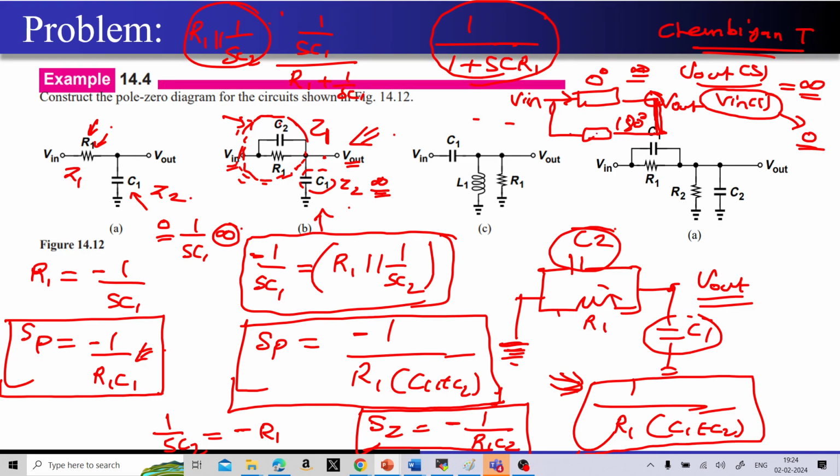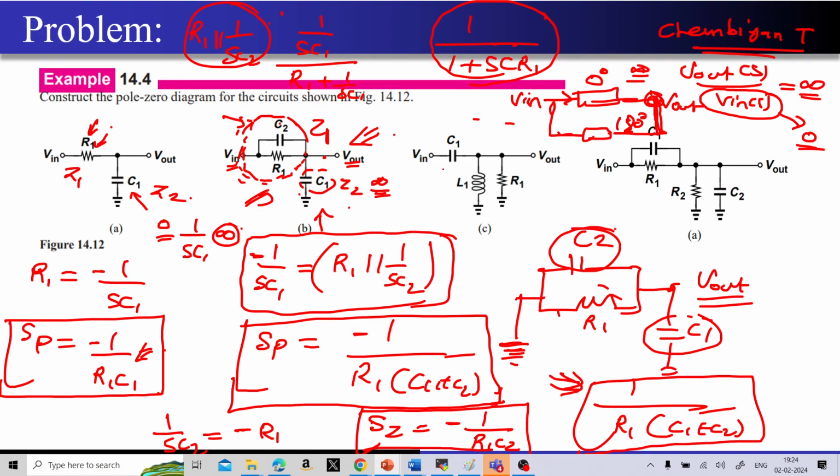Even though finite signal is traveling through both the paths, the net combination at the output is going to be 0. So this is another way to think about this particular circuit. So we have looked at it in many different ways. So it has a 0, it has a pole, correct? And I hope that particular point is very much clear.